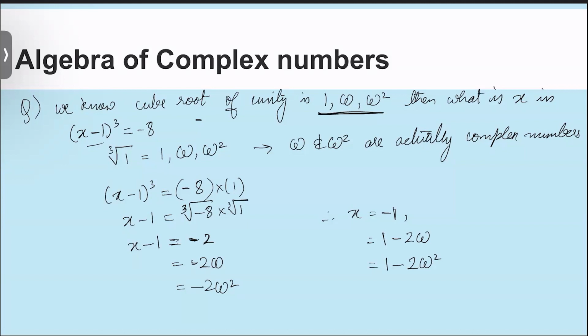Okay, so this is what we get. Over here, this is the difference that we can see between a square root of a negative real number and the cube root of a negative real number. Okay, so we can find it in this manner also.